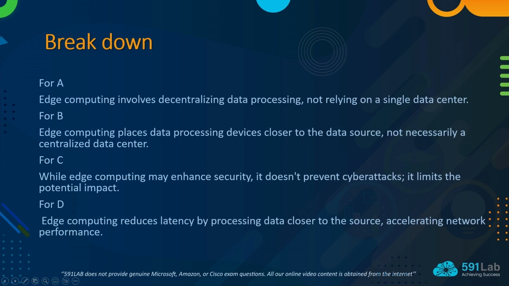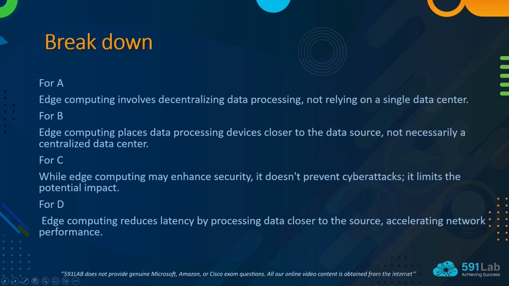Edge computing involves placing data processing devices closer to the data source, which could be end-user devices, IoT devices, or sensors. The goal is to reduce latency and improve performance by processing data locally rather than sending it to a remote data center.